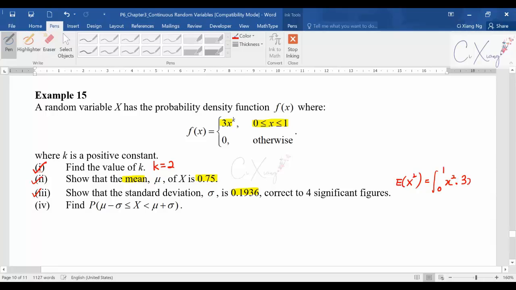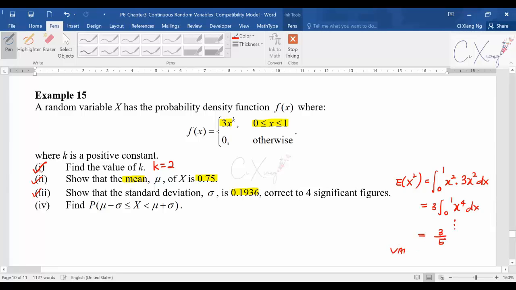So the function is 3x power 2, then after that you have 3 and then x power 4. If you continue with this integration, you should have the value which is 3 over 5.